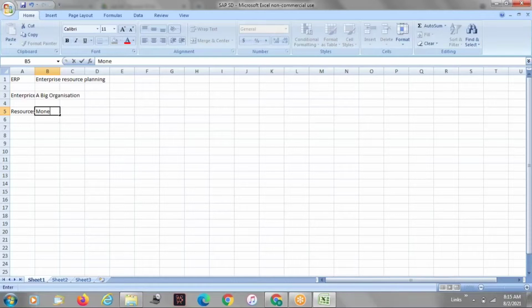You will have money. Money is something that will be controlled by the finance department, right? These are all kinds of resources. Then you have men. Men is controlled by the human resources department.